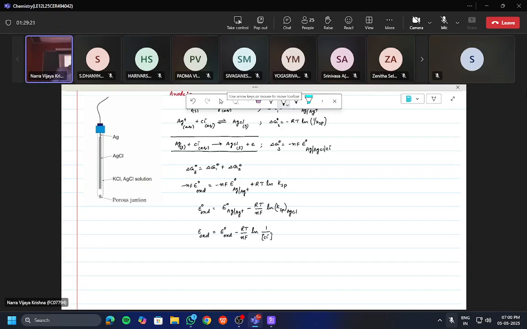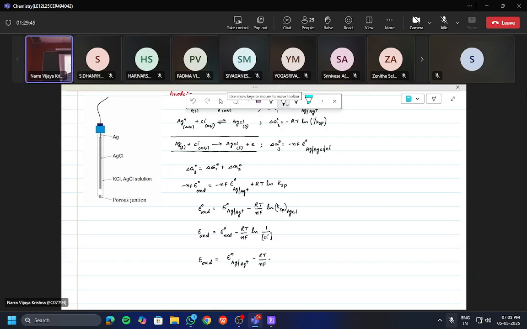Now substitute that E0 value. What did you get? E oxidation equals E0 of Ag plus. Can I take minus RT upon nF common? Instead of E0 oxidation, I am substituting this.